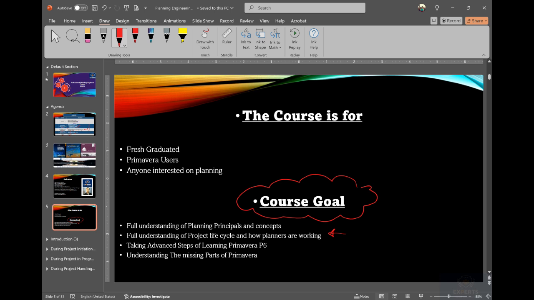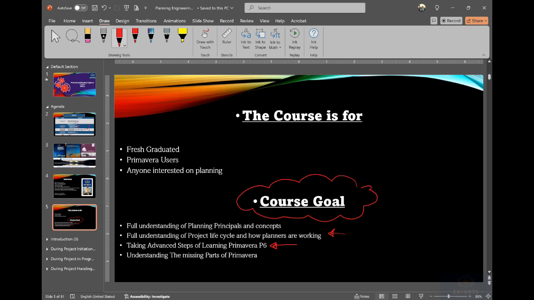Taking an advanced step in learning Primavera. Why? Because this is step number one. To understand Primavera: Primavera is not only a tool for creating a baseline and defining activities. Some people define activities without understanding what the project is, what the activity is, and how we can get the data to define this activity or the project itself, or the EBS or WBS. So you have to understand the concepts and the meaning before you learn Primavera.